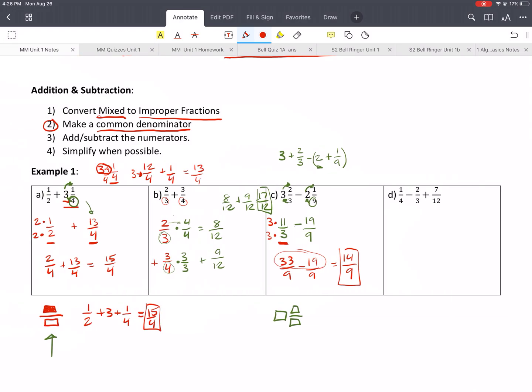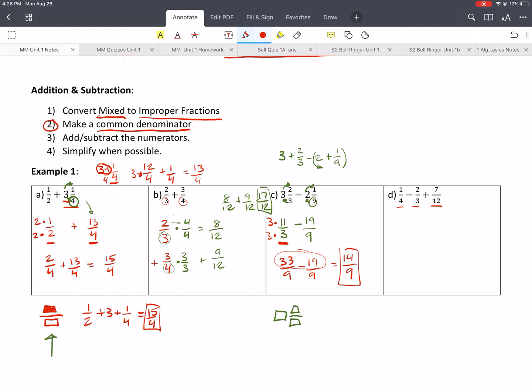All right. Next one, we have 3 fractions. So basically, you're just going to do 2 at a time, and then you'll add the next one. Okay, so for example, we don't have a mixed fraction. Okay, so all we need to have is a common denominator. That's our next step, is common denominator. So we have a 12, a 3, and a 4.